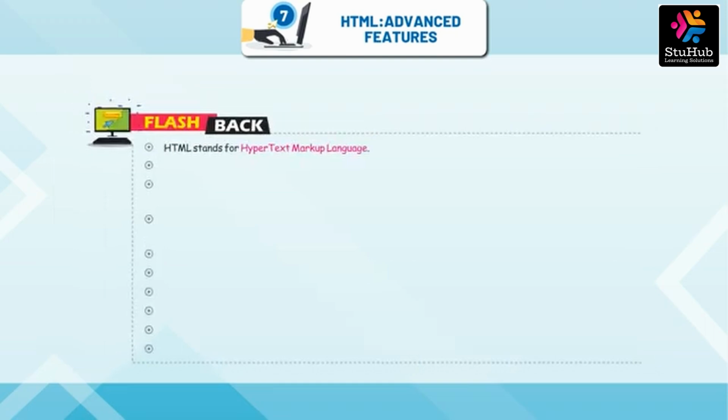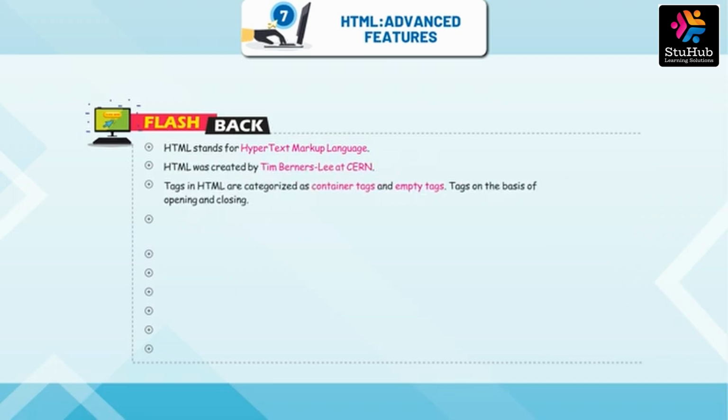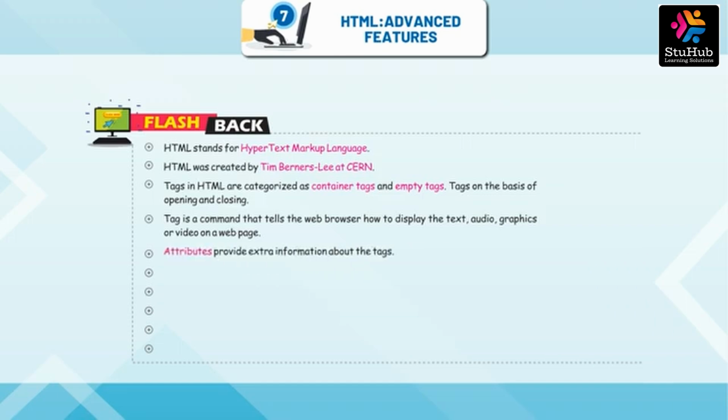Flashback. HTML stands for Hypertext Markup Language. HTML was created by Tim Berners-Lee at CERN. Tags in HTML are categorized as container tags and empty tags on the basis of opening and closing. A tag is a command that tells the web browser how to display the text, audio, graphics, or video on a web page.